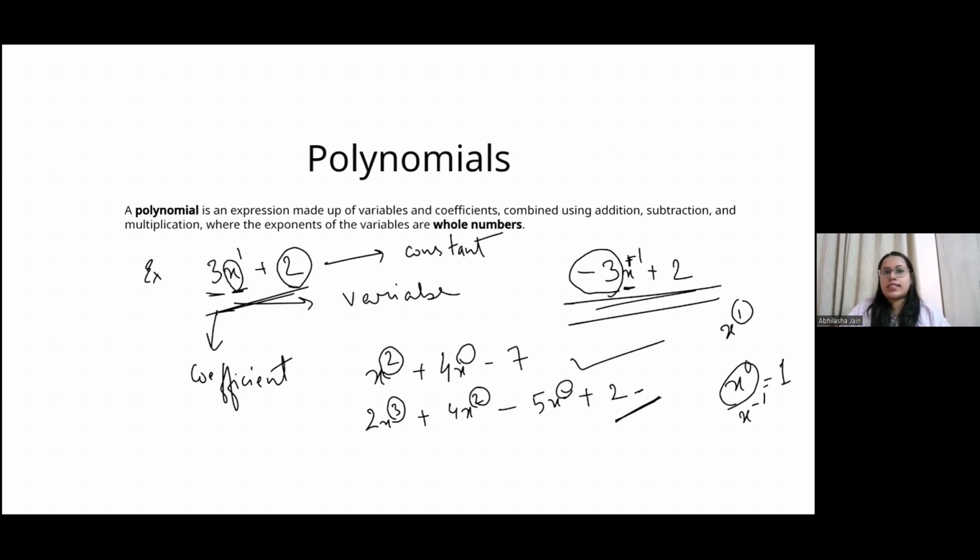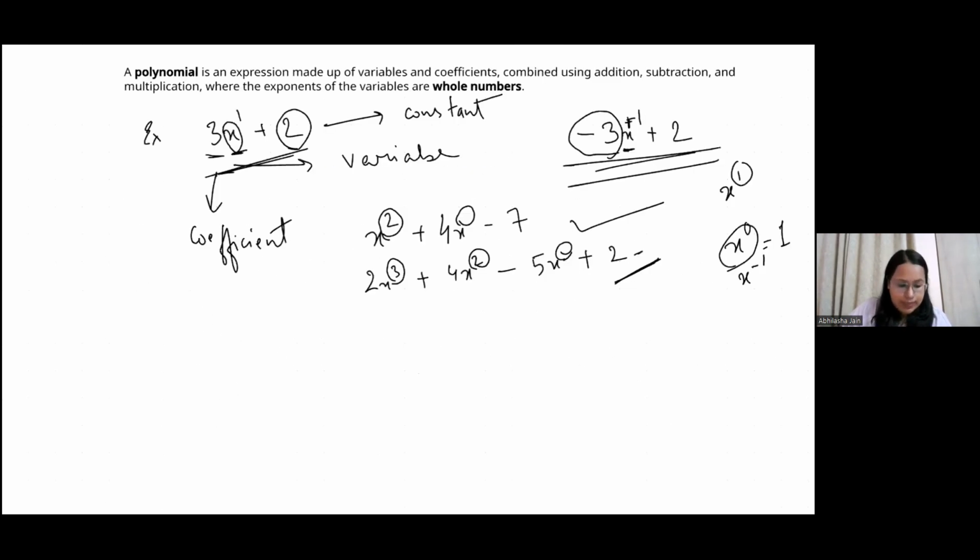Okay. So this was about polynomials. Now, what are non-polynomials? Are there something called non-polynomials as well? Yes, there is. Non-polynomial expressions are like 1 over x or root x or x to the power -1. 1 over x is nothing but x to the power -1.